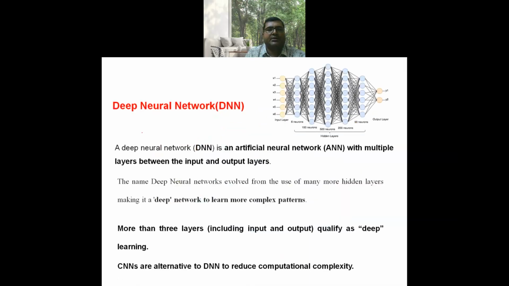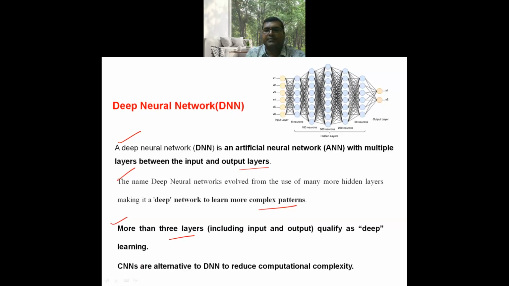A deep neural network is an artificial neural network with multiple layers between the input and output layers. The name deep neural network evolved from the use of many more hidden layers to learn more complex patterns. More than three layers qualify as deep learning.